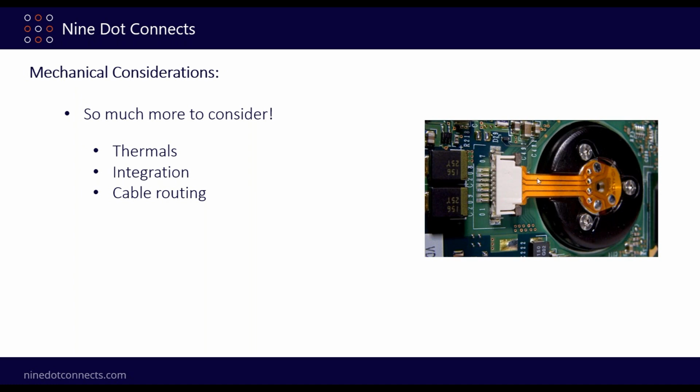Or if you have a connector like this and you put a large component right here and it can't get in there, that's always a big deal. And of course, grounding and chassis connections or isolation, that's something to work with your mechanicals and whether or not you want to ground to the chassis or not. And of course, shielding, big deal there. Not only mechanical integration, but also thermals and all kinds of things you got to deal with there.